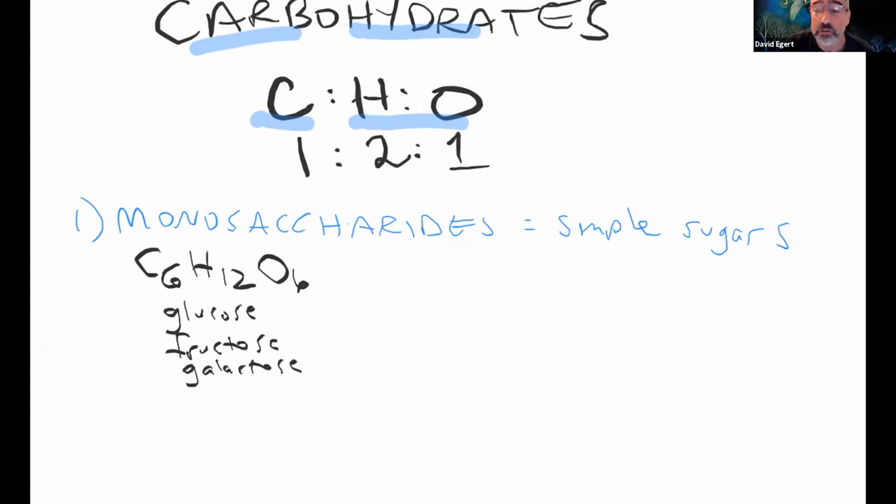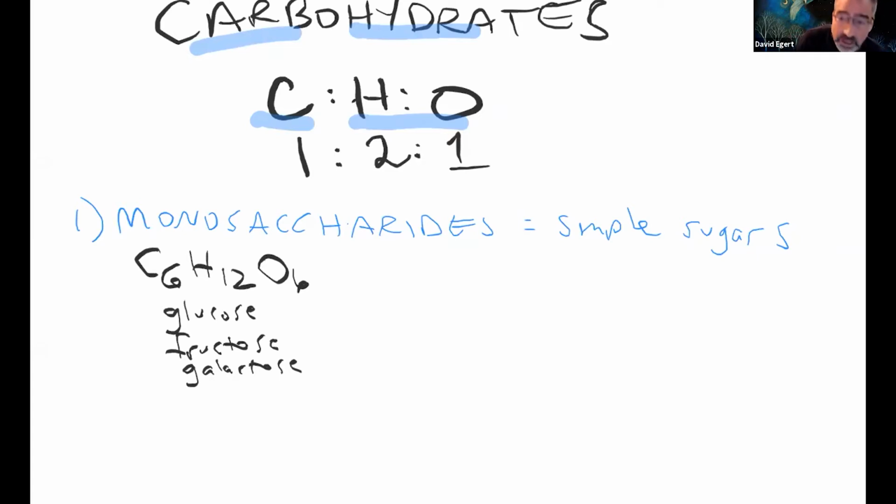For this class, you don't need to know the difference between a glucose and a fructose just by looking at it. But you should know that glucose and fructose are simple sugars. This is what we'd call a hexose sugar because it's got 6 carbons.